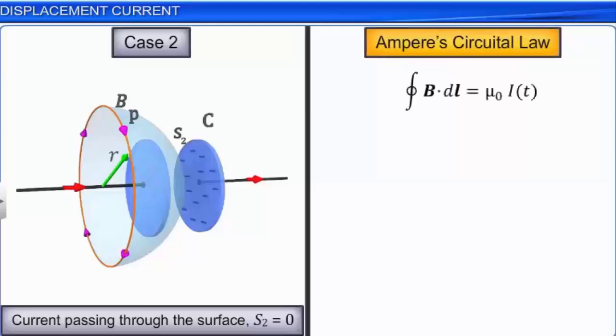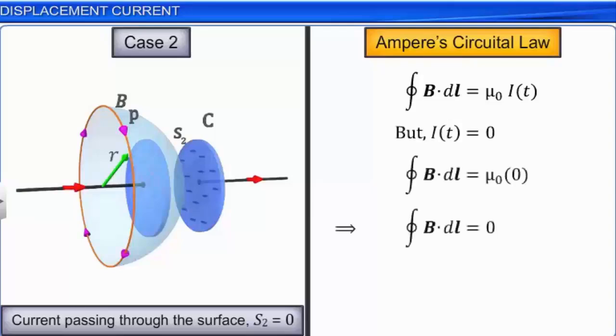Since the current enclosed by the surface S2 is 0, the integral over the closed loop of B dot dl is equal to 0. Hence, the magnitude of the magnetic field at point P on the surface S2 is equal to 0.